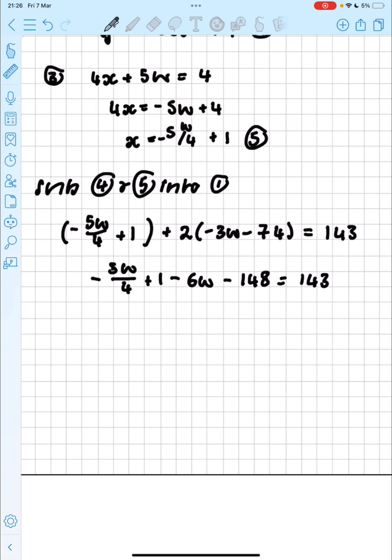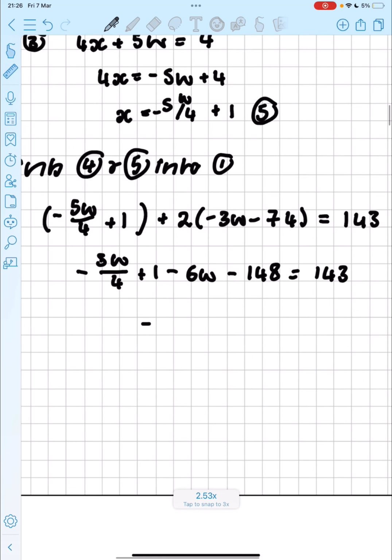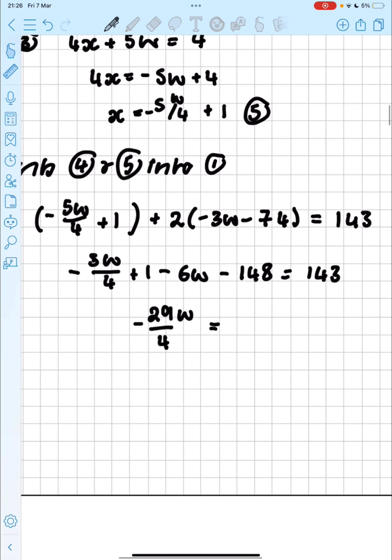So minus 5 over 4 minus a 6 is going to get me minus 29w over 4 is equal to 143 plus 148 minus 1, which is 290.